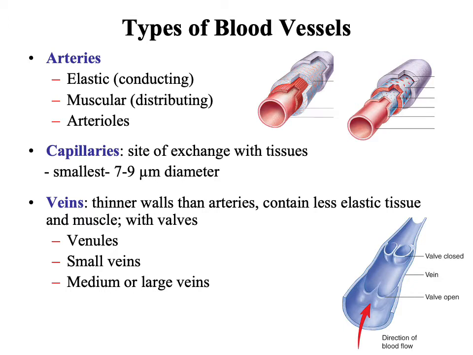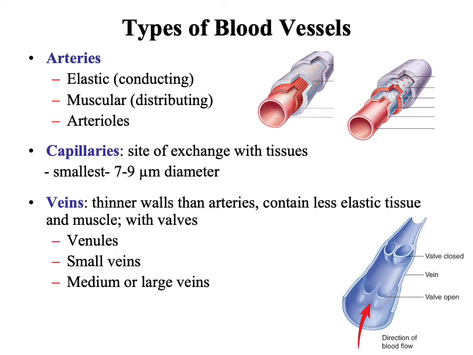So in the largest vessels, there is a lot of elastic tissue. Now, the elastic arteries, being the largest ones, would include things like the aorta. That's the largest artery in the body. And these arteries are going to be the ones that are closest to the heart.